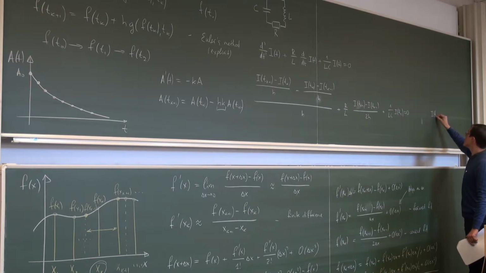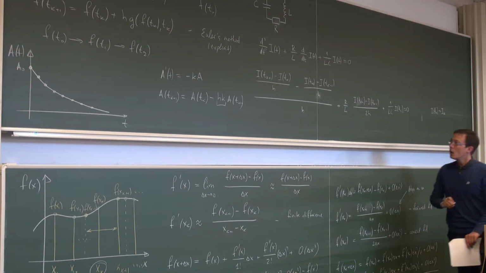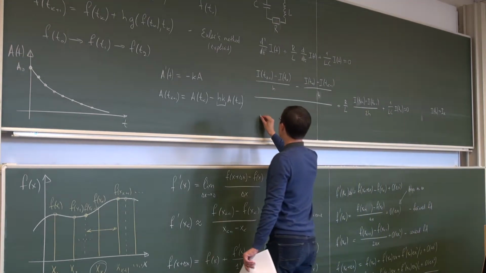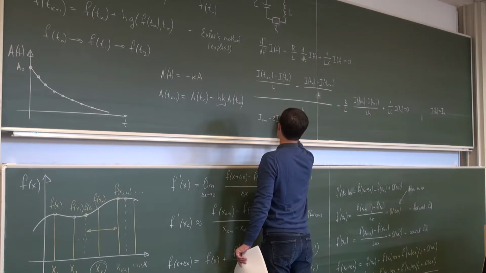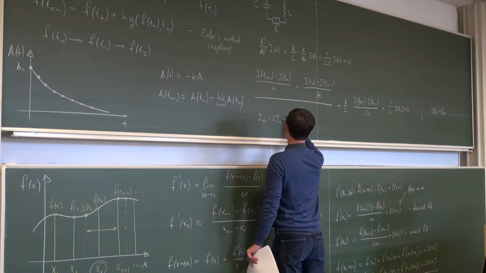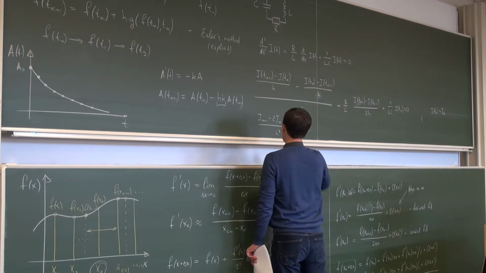I will denote it like that. So I(t_k) will be just I_k, k's point in the grid. What we have here, therefore, is I_k plus 1 minus 2 I_k plus I_k minus 1 over h squared.